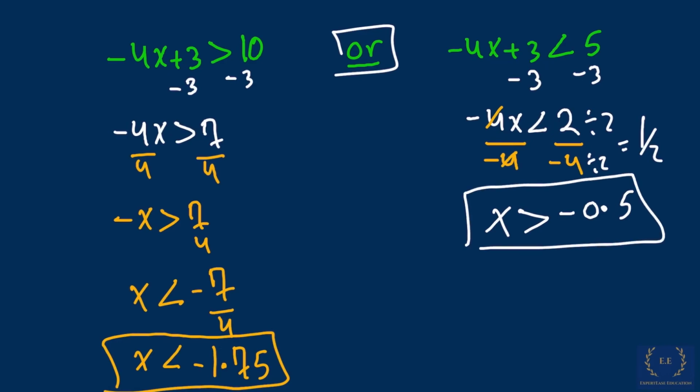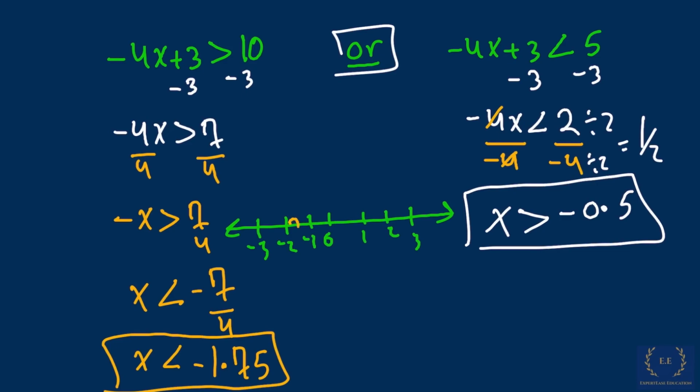So let's draw the number line right now where we have the following answers, such that I have here 0, 1, 2, and 3, and I have minus 1, minus 2, minus 3. Now for the first case, x is less than minus 1.75. It means I have to go lower.